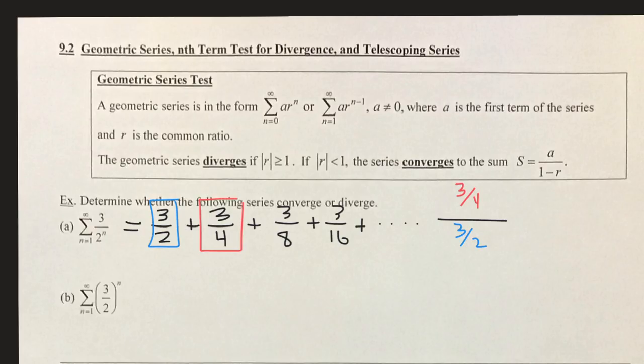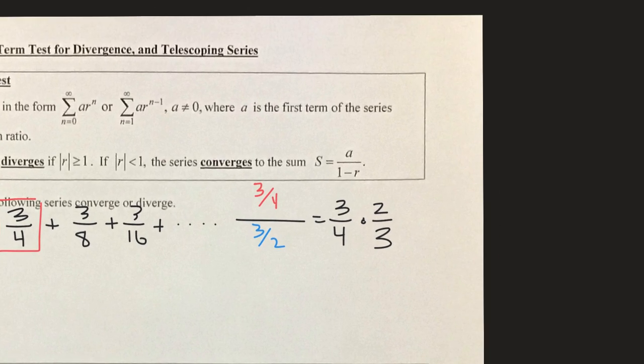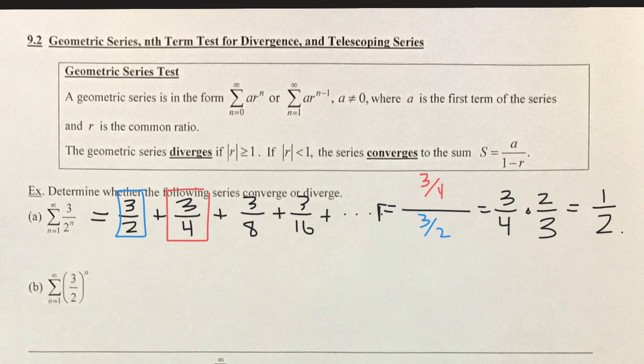So what is 3/4 divided by 3/2? Well, we're going to multiply by its reciprocal. The reciprocal of 3/2 is 2/3. And when we reduce 3/4 times 2/3, we get 1/2. So this is how we determine what the ratio is. By our geometric series test, does this converge or diverge?